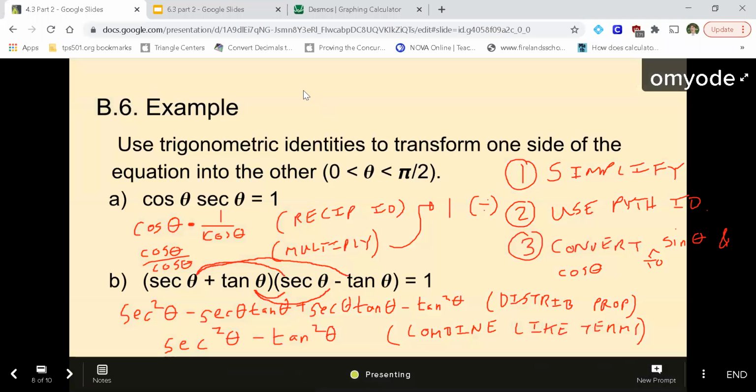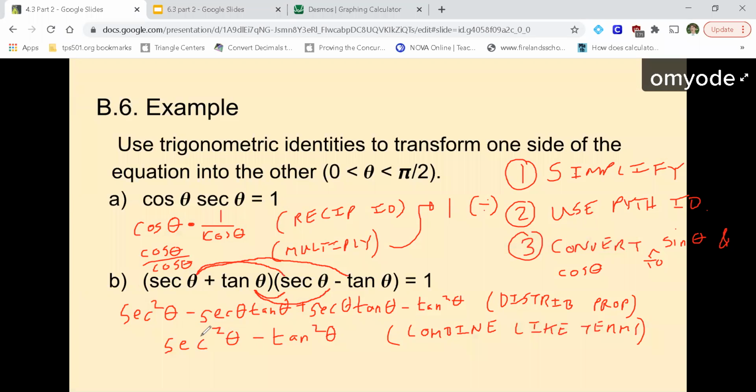So I could use that in this problem. Instead of writing secant squared, I can write 1 plus tangent squared minus tangent squared. That's a Pythagorean identity.